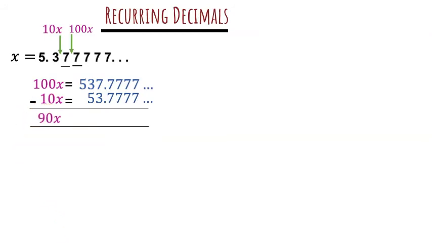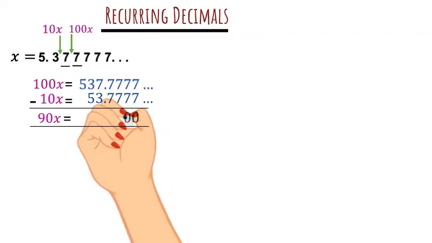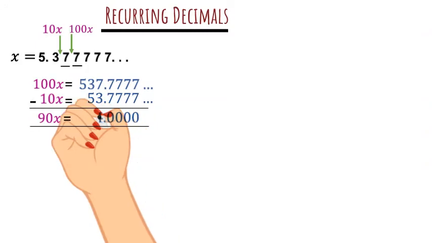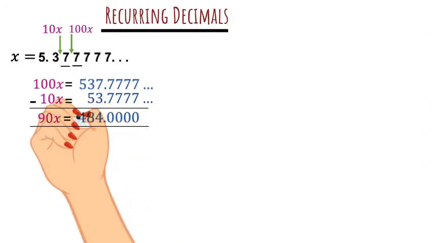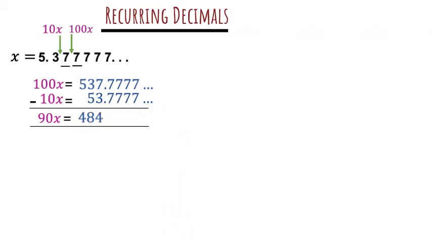Now I'm going to minus one from the other, and I get 90x on the purple side, and that is equal to, again, 7 minus 7 is equal to 0. 7 minus 7 is equal to 0, 0, 0, right until the decimal place, and I'm left with 537 minus 53, which is 484. And get rid of those zeros.